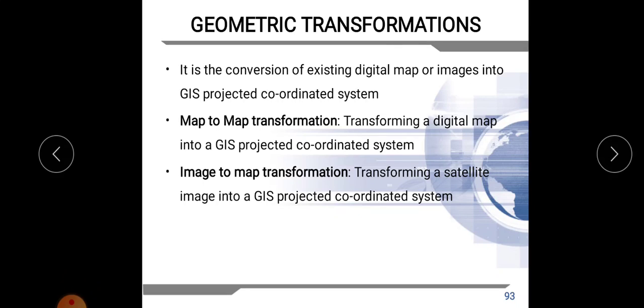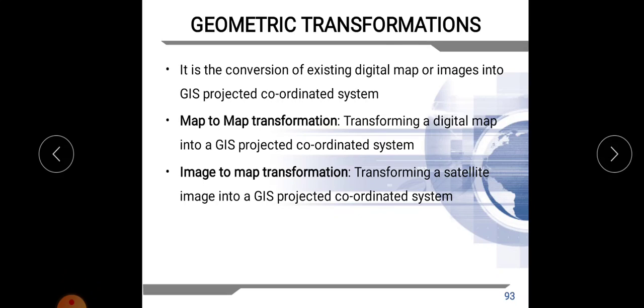It is a conversion of an existing digital map or satellite image into a GIS projected coordinate system. There are mainly two types of geometric transformation: map to map transformation and image to map transformation. If you are transforming a digital map into a GIS projected coordinate system, it is known as map to map transformation.